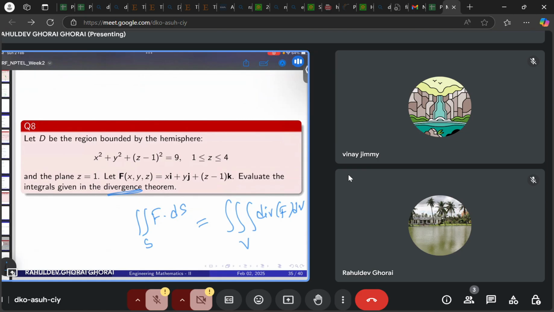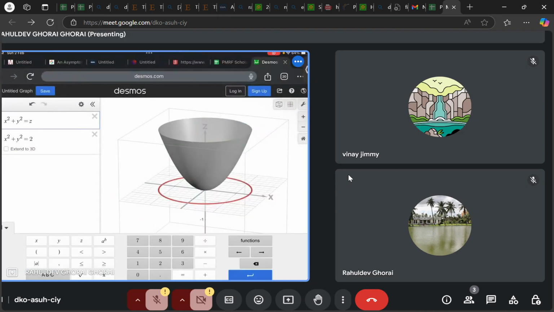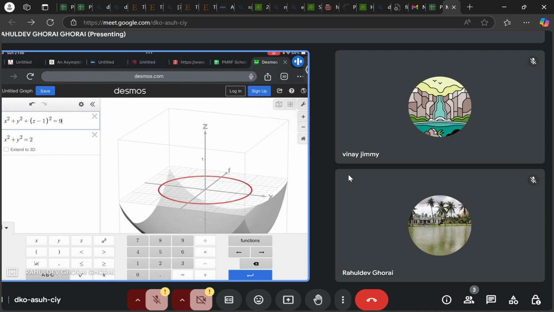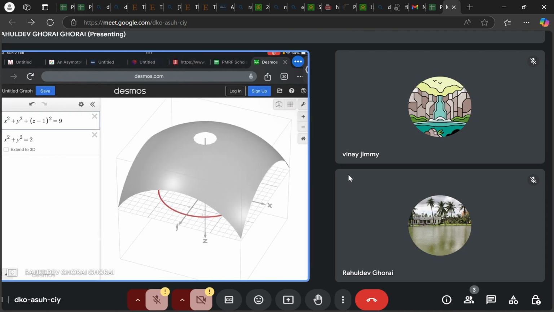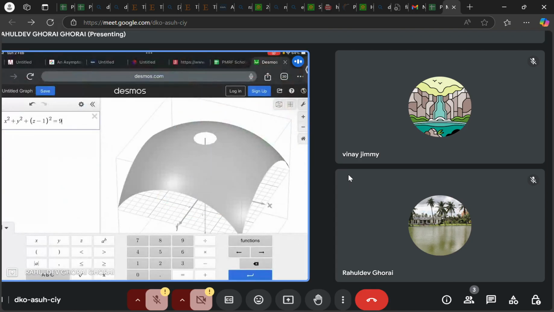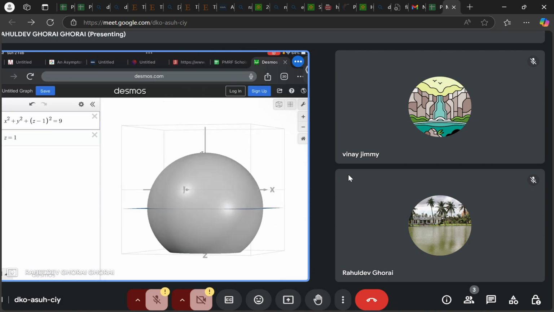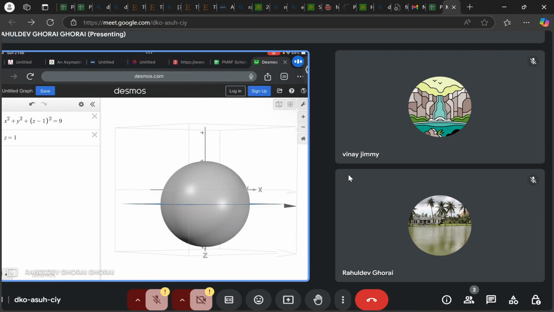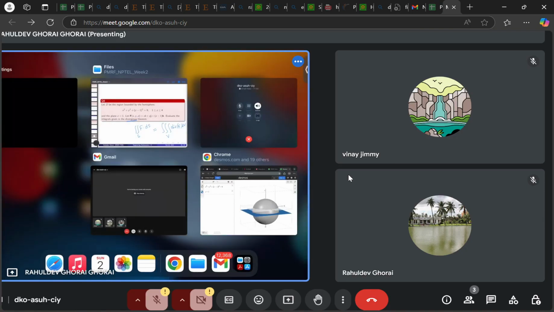First of all, how does this sphere look: x square plus y square plus (z minus 1) whole square is equal to 9, I guess, right? And z will be equal to 1.